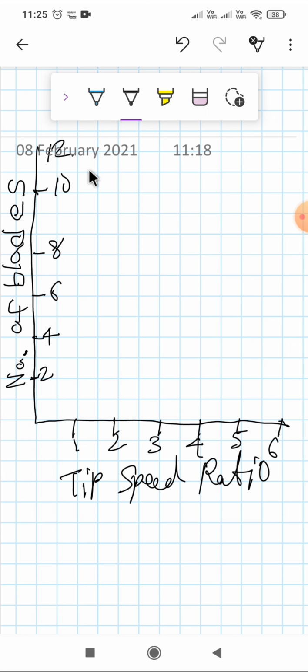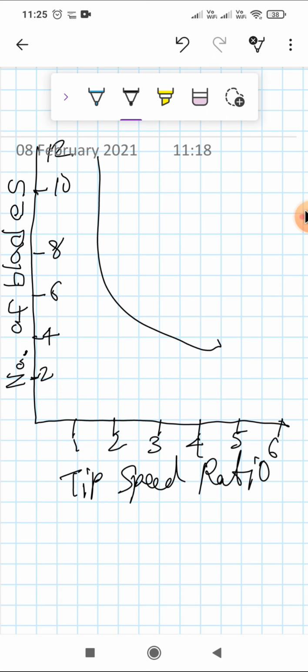So the graph of number of blades versus tip speed ratio will be this. A water pumping wind turbine requires higher torque, for which a lower value of lambda in the range of 1 to 3 is used. For wind generators, the lambda range should be higher, that is 4 to 10.